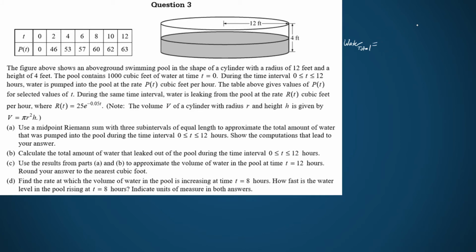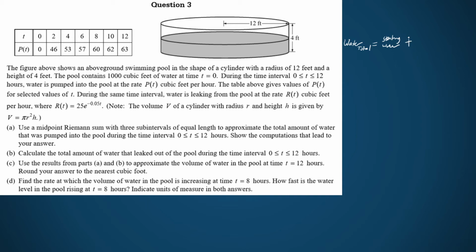What 3 things do we need to know in order to know how much water total there is in the pool at 12 hours? The height. So that's 4 feet. There's 1,000 cubic feet of water. How much water we started with? 1,000 cubic feet.